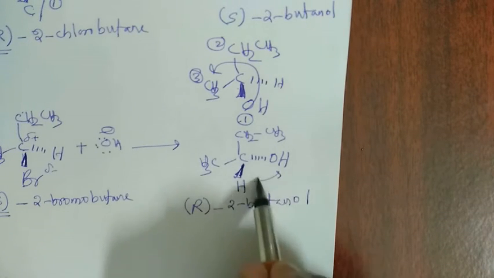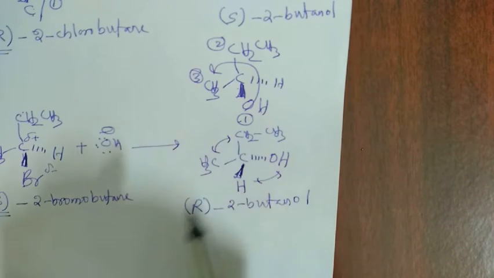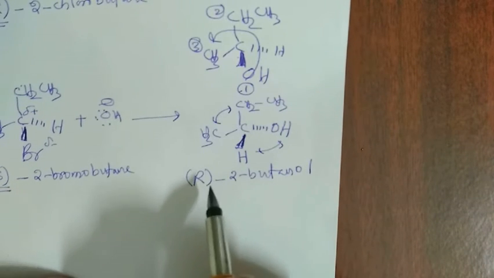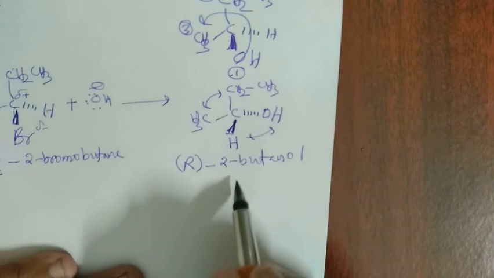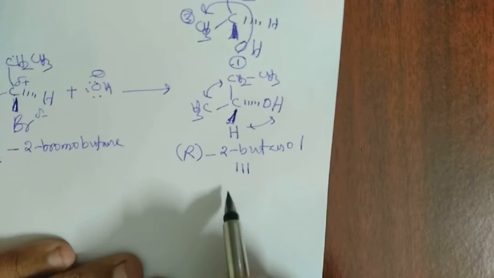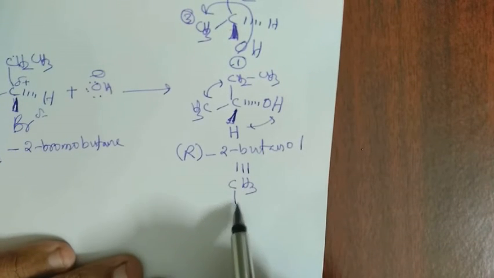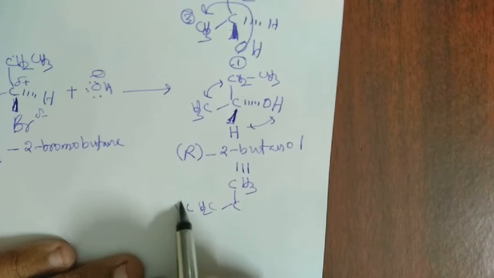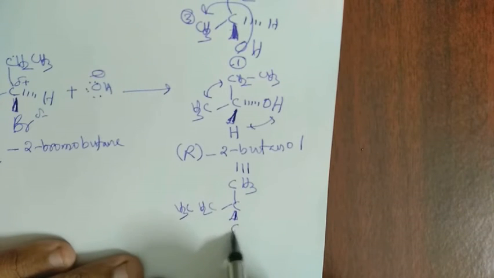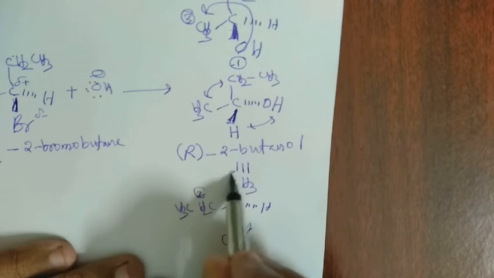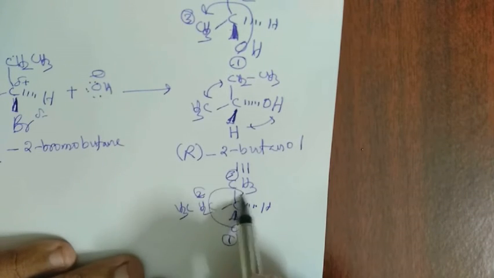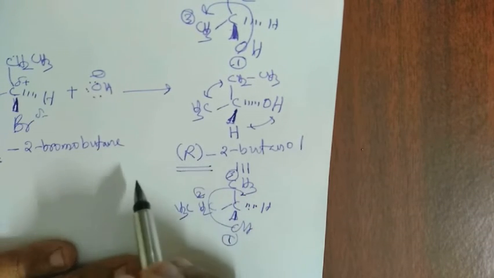In order to find the configuration, simply make two mutual interchanges between the groups bonded to the asymmetric carbon atom. So you will get an equivalent structure. CH3, CH2, CH3. Here 1, 2, 3 runs in a clockwise direction. So it is the R isomer.